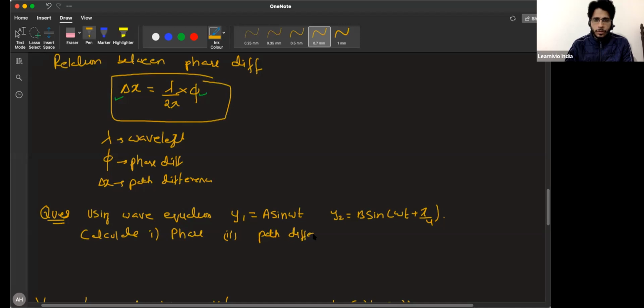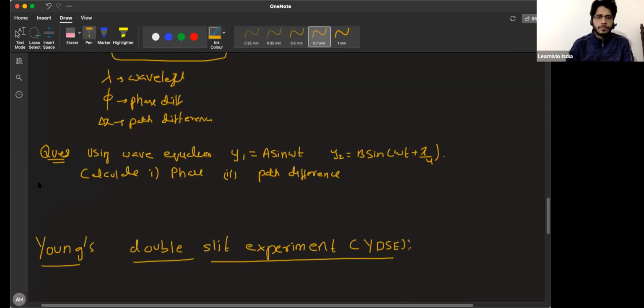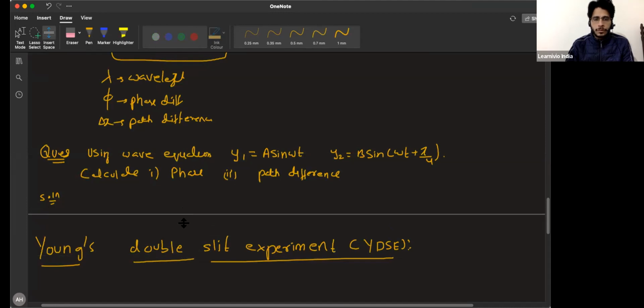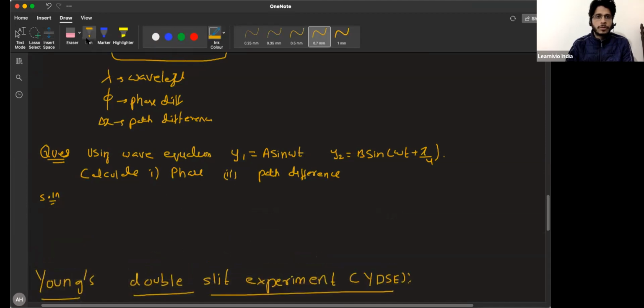Yes, Faisal, can you unmute now? Okay. So it's a very simple question. We can do it together. So who will answer? Sania will answer. Sania, just look at these two equations. Can you decide what is the phase difference?